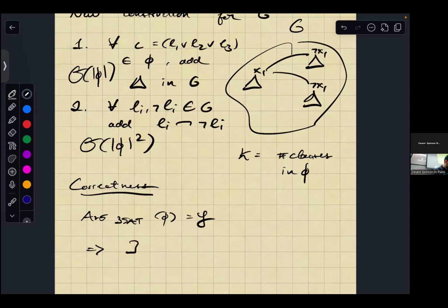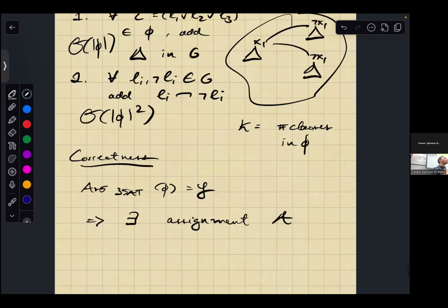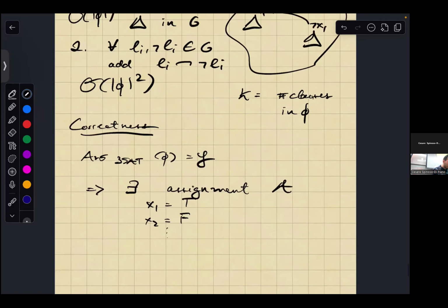That means that there exists an assignment, let's call this assignment A, of Boolean variables, right? x1, so maybe x1 to true, x2 to false, and so on, such that phi is true. So then what I need to prove is that I actually do have an independent set of size k, right?